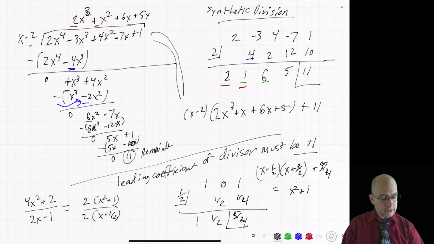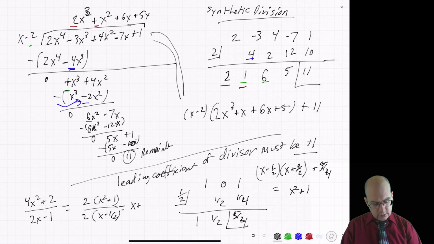And then minus 1/4 and give plus 1. There we go. So yes, that works. Anyway. Oh, and I guess when we're writing it like this, we can write it as x plus 1 half plus 5/4 divided by x minus 1 half. All right, that's what this also says.